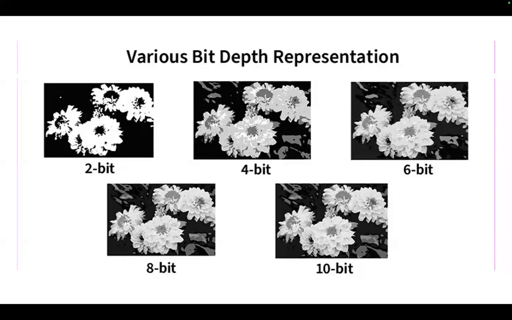So if you have a device now, just try to experiment and change the depth to see what type of differences you can see. You can do it as an assignment, the depth representation.